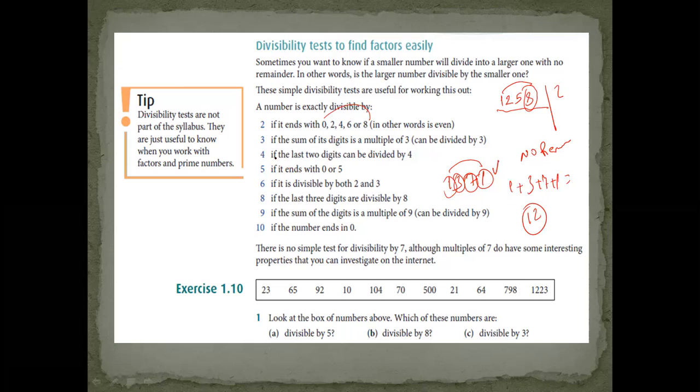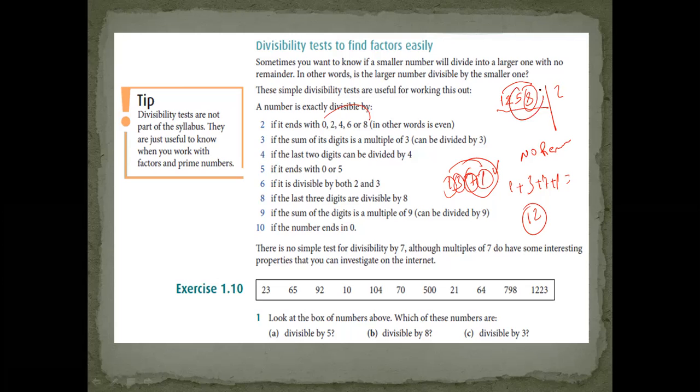And 4: if the last two digits can be divided by 4. For example, this number, 71. 71 is not divisible by 4, and 71 is a prime number.